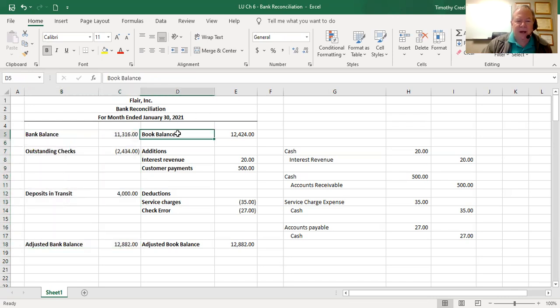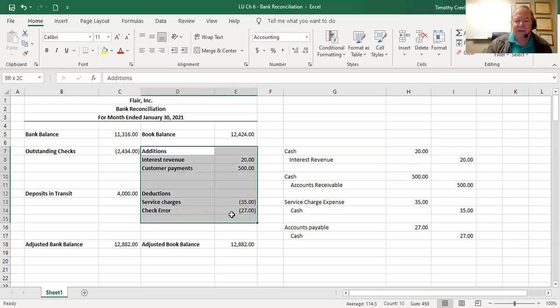Now, on the book side, what we're going to do is compare our cash account with the bank statement, and anything that the bank statement has that we don't reflect as part of our cash balance, we are going to list here. Now, some things are going to be additions to that balance.